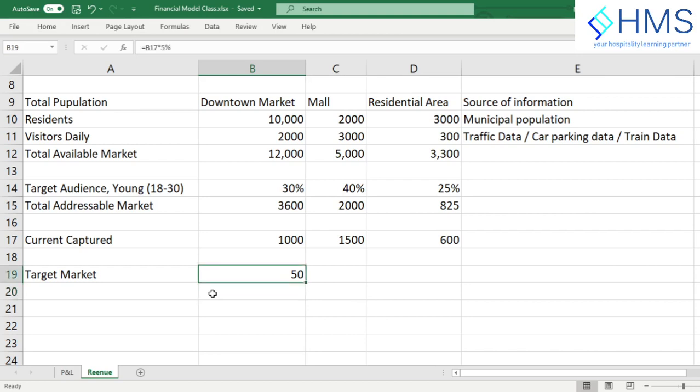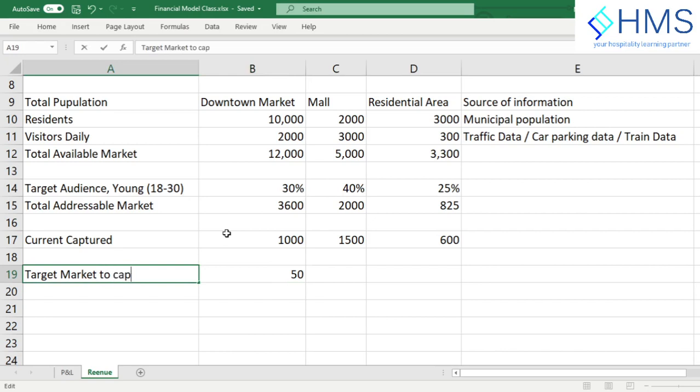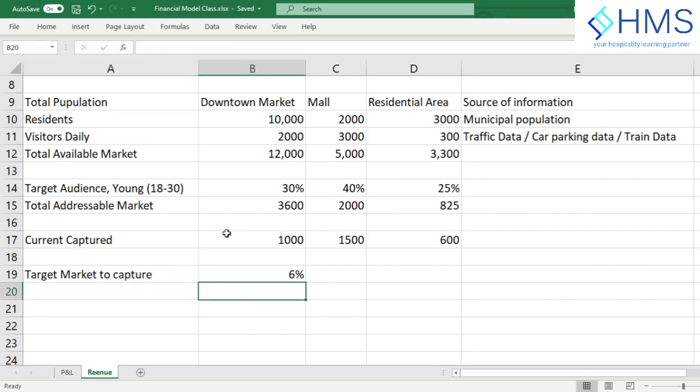As we have discussed earlier, usually you should not use percentages in the formulas here. This is a bad practice, because here you will see target market and capture market have no relationship, right? So basically you should say, okay, my target market to capture is maybe 6% in this case.